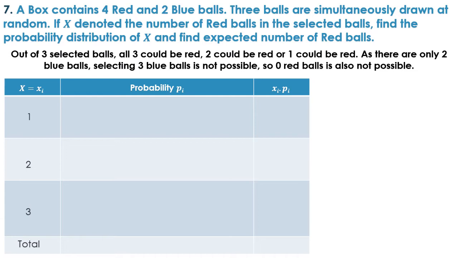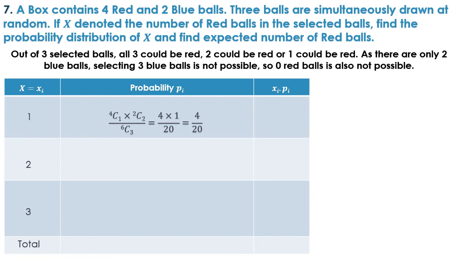So from 4 red balls we select 1, and from 2 blue balls we select 2, so it would be 4c1 into 2c2, divided by 6c3 because the total number of balls is 6 and we are selecting 3. 4c1 is 4, 2c2 is 1, and 6c3 is 6 into 5 into 4 divided by 3 into 2 into 1, which is 20. So 4 upon 20; I am not simplifying it, I am keeping it as it is.